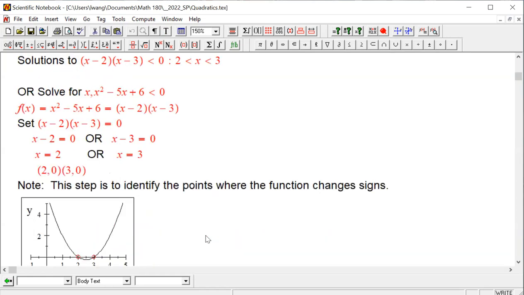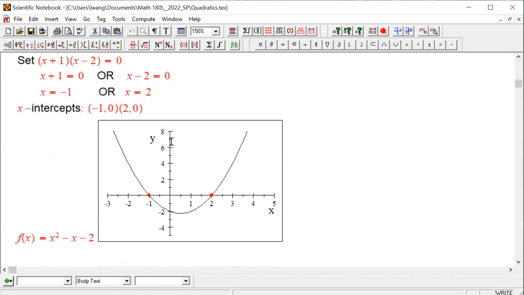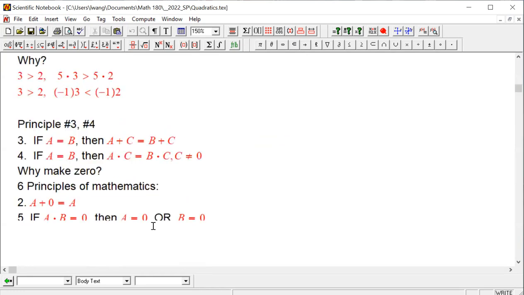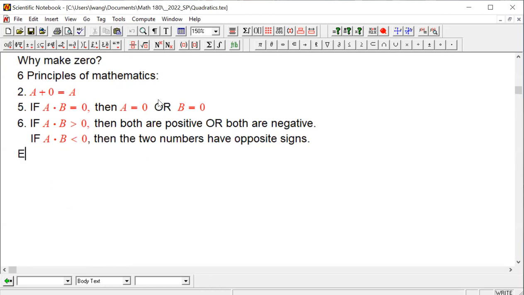And if there's no 0, we make 0. So let's look at some other examples. This should be example number 5, and of course it's still solve for x.